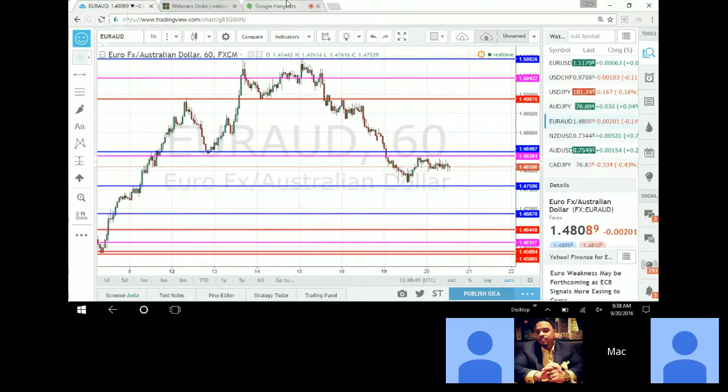Over the weekend, I personally ended up closing like 60 pips Sunday night on Euro AUD. As you see, it's a nice drop. I gave a Euro AUD trade last night, but it's just been consolidating.